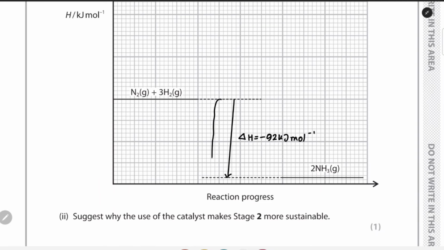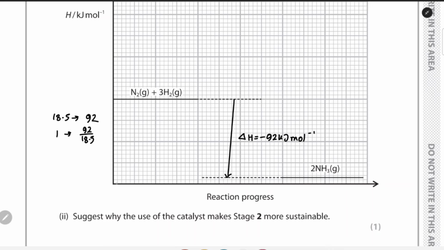Now if we look in this portion over here, we have 5, 10, 15, 16, 17, 18 and a half boxes, which represents 92 units. So each of these boxes are 5 units each. So we have one unit being 92 by 18.5.